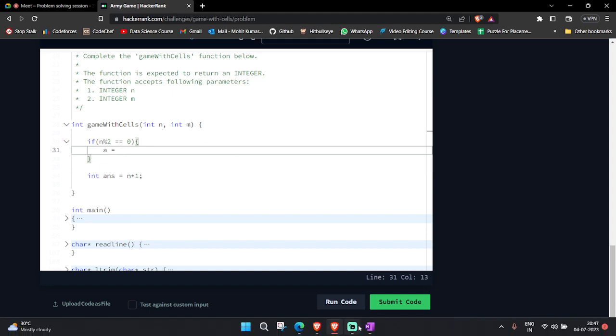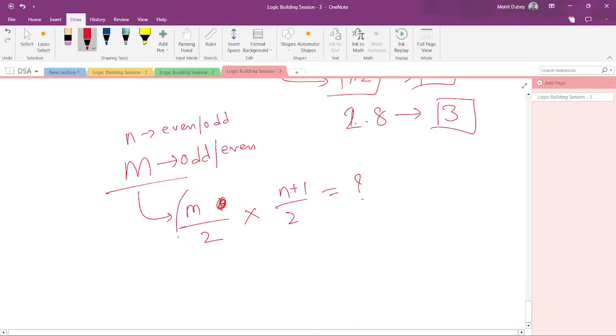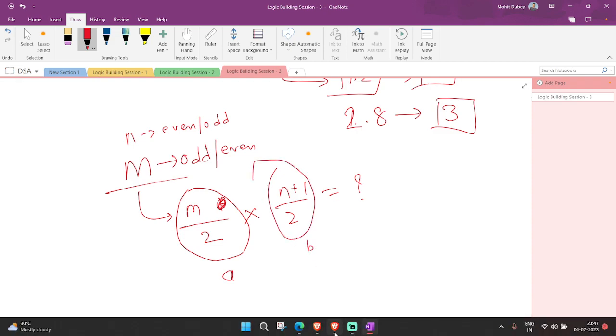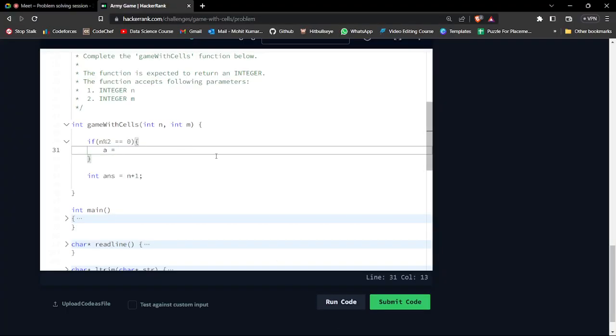So we are just making this value as a and this value as b, right? So we are just trying to do this here. Okay, so if n is odd, then I need not add any kind of value, or maybe I can do it in one line.